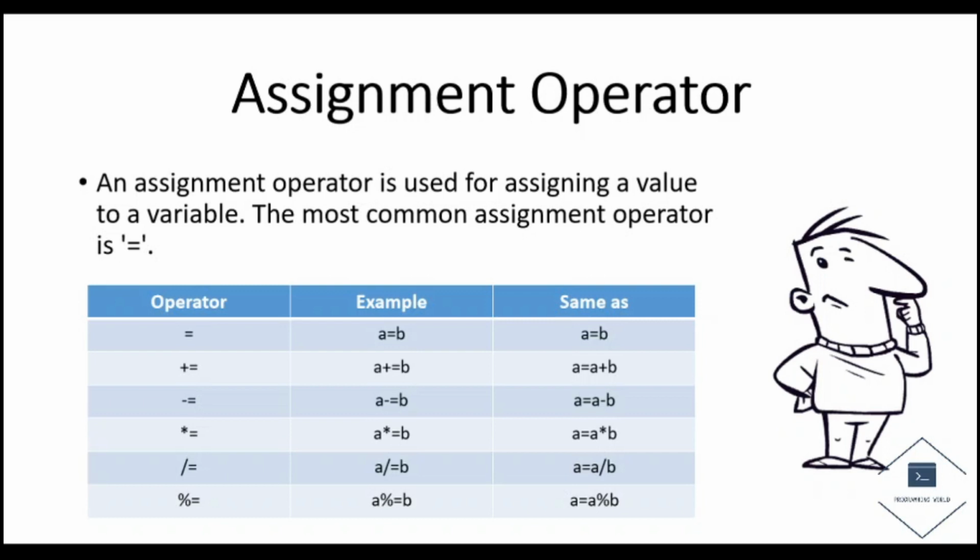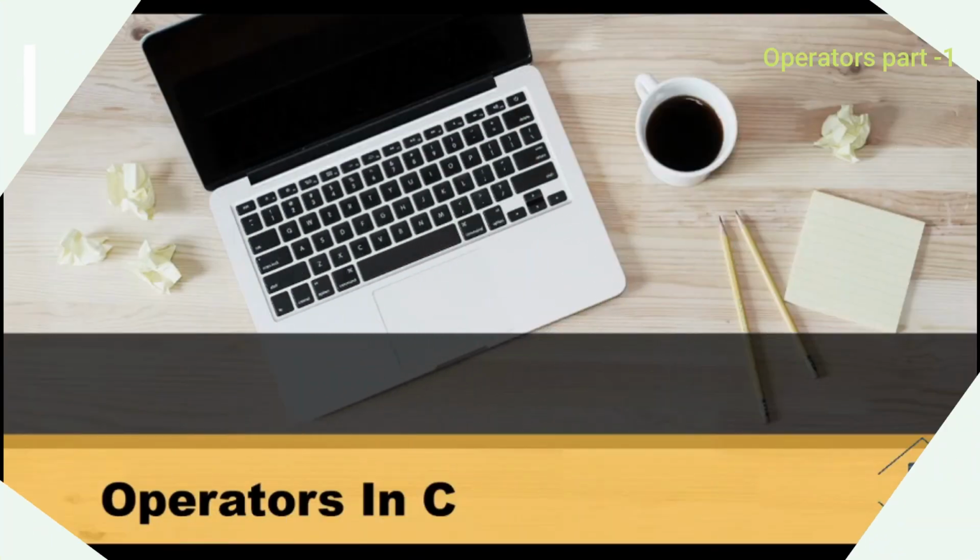Equals, plus equals, minus equals, multiplication equals, divide equals, modulo division equals. Example: a = b, a += b, a -= b, a *= b, a /= b, a %= b. These types of operators are also called shorthand operators, where a += b is the same as a = a + b.